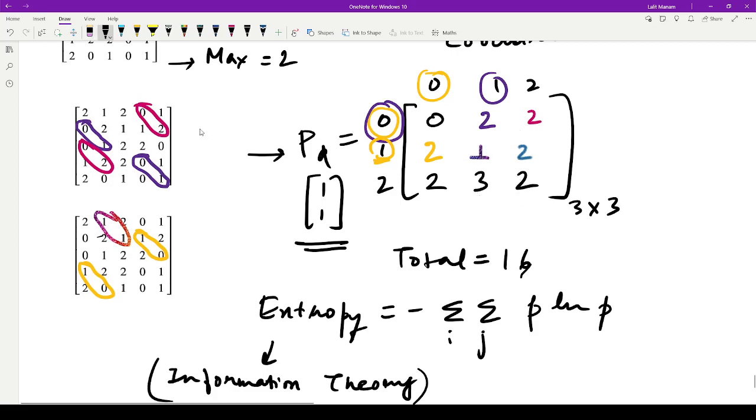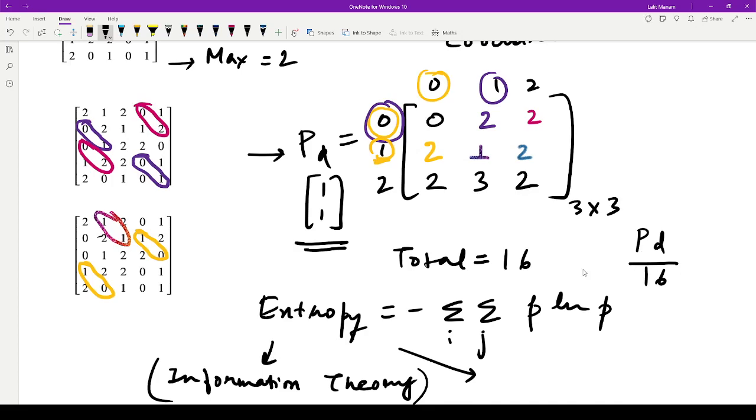One question here. Entropy is based on the normalization. Do we need to find out the normalization matrix? Yes, it's based on the normalization matrix. So what you have to do is take all the numbers and divide them by 16.